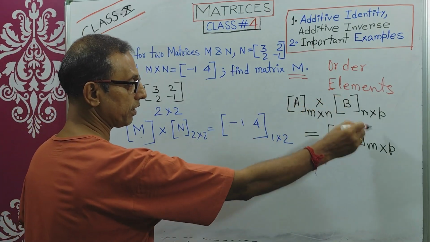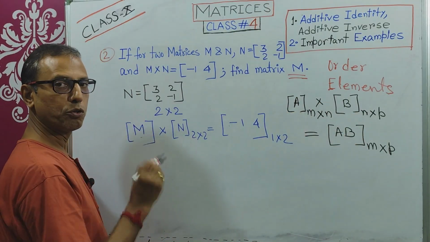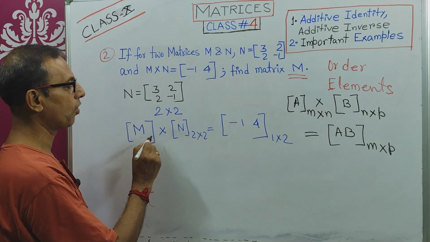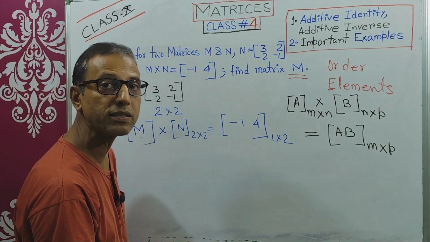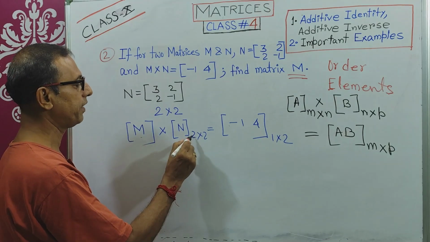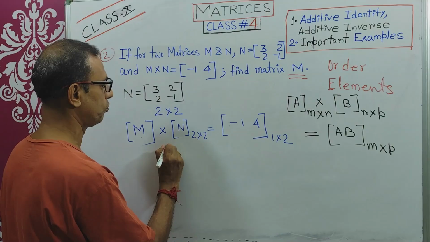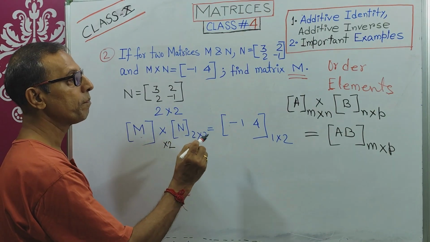So if you look into this, you can do multiplication of two matrices only when the number of columns in the first matrix is equal to the number of rows in the second matrix. The second matrix's rows are 2, so definitely the number of columns in the first matrix is also 2. Now what will be the number of rows?